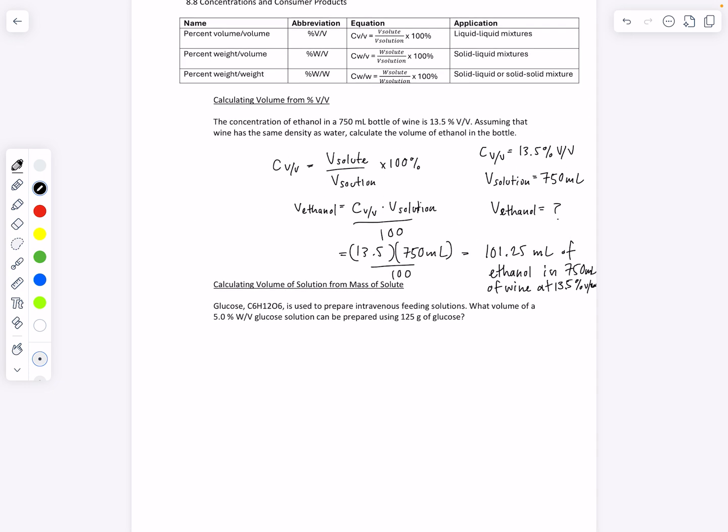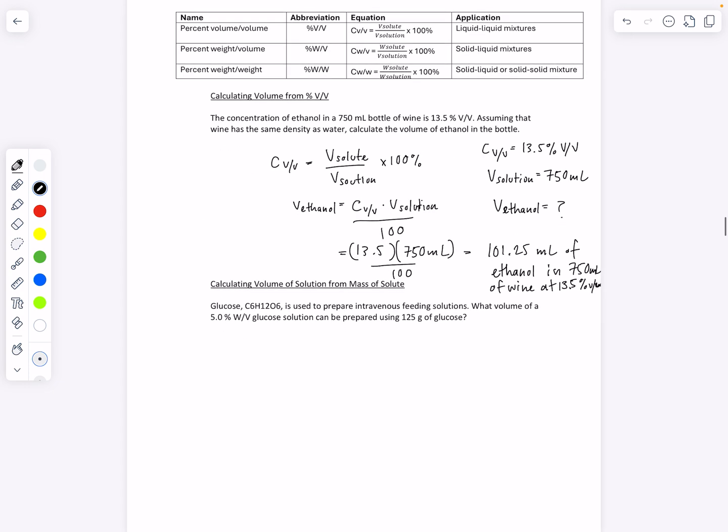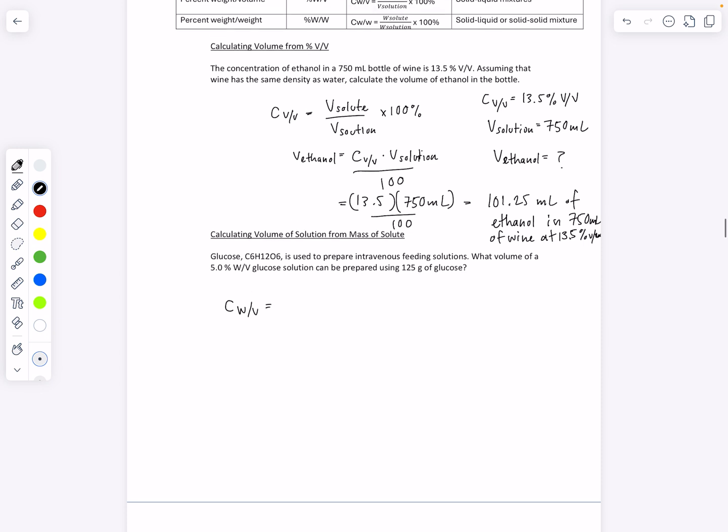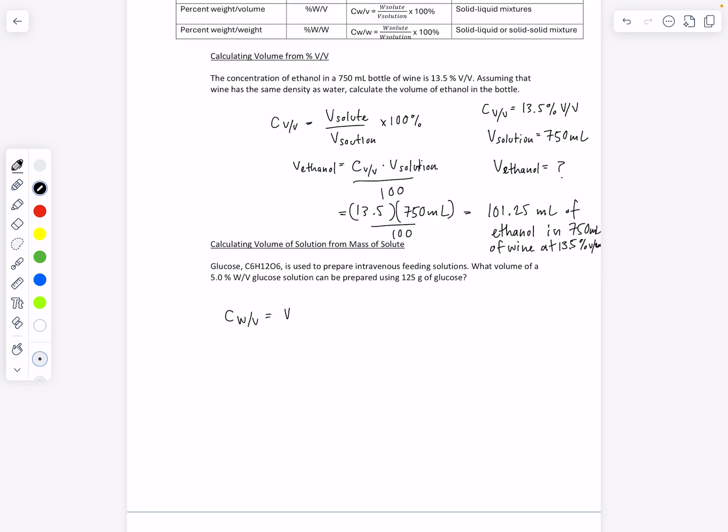Let's take a look at our equation. The concentration weight per volume is equal to the weight of solute divided by the volume of solution times 100%.